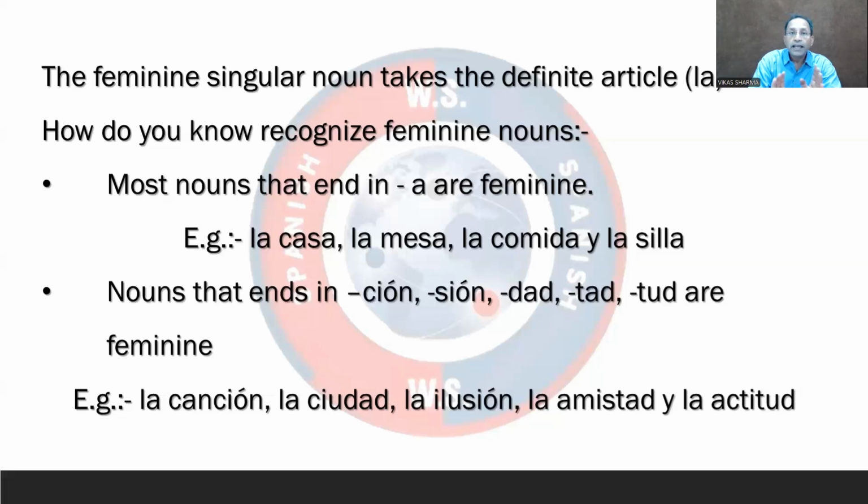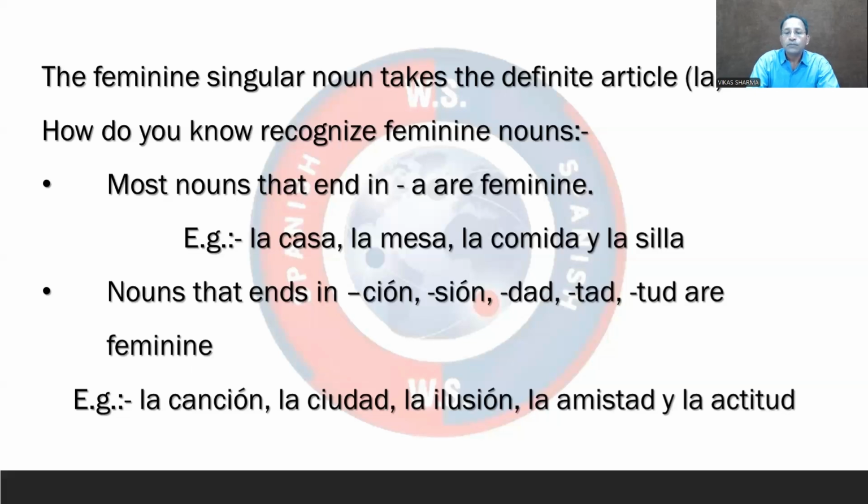Again, one of them ends in -ción or -sión, -dad, -tad, -tud. So any nouns ending in these last three or four letters are automatically feminine. Again, I'm going to repeat it for you. La canción, la ciudad, la ilusión, la amistad, and la actitud.